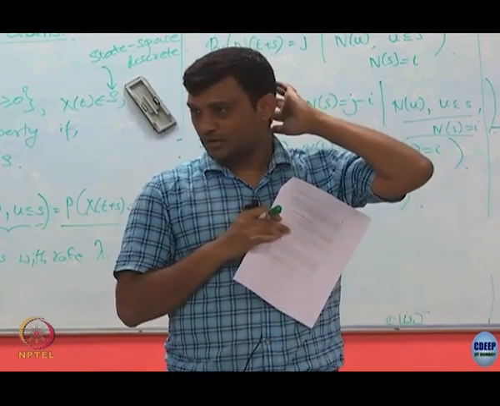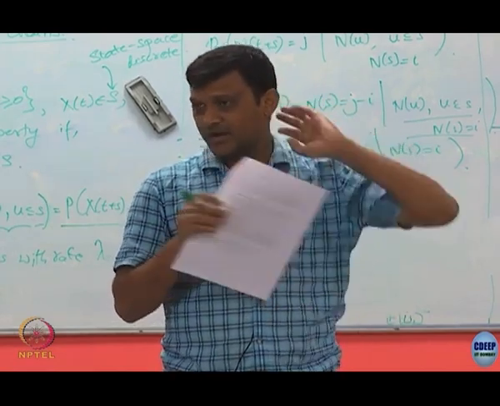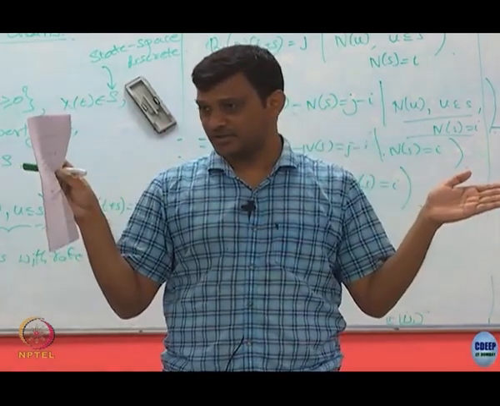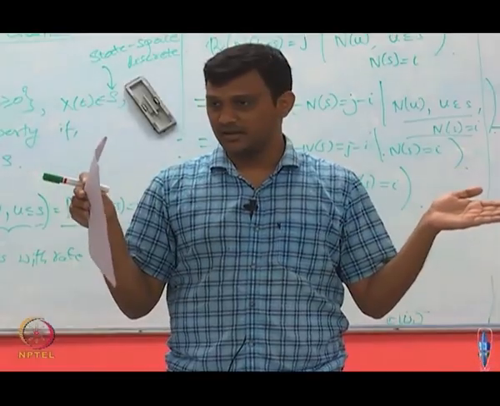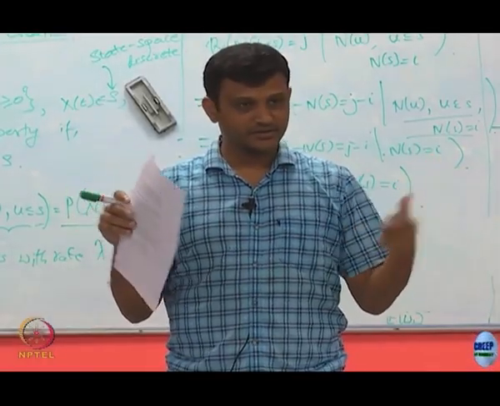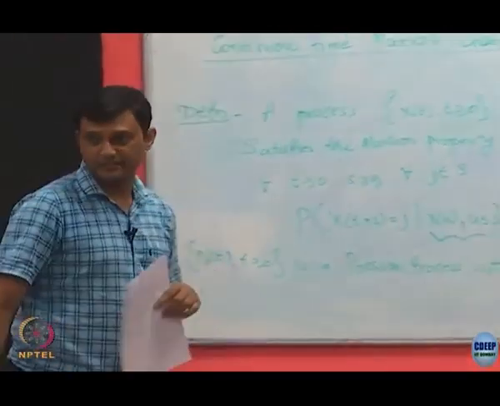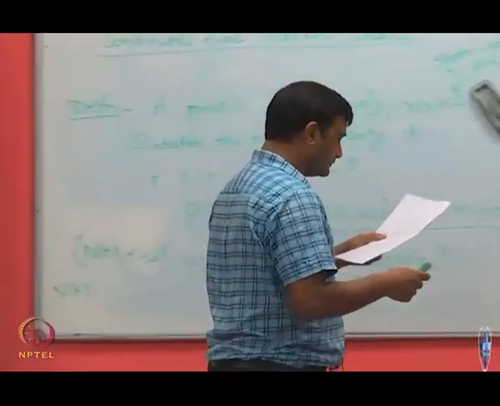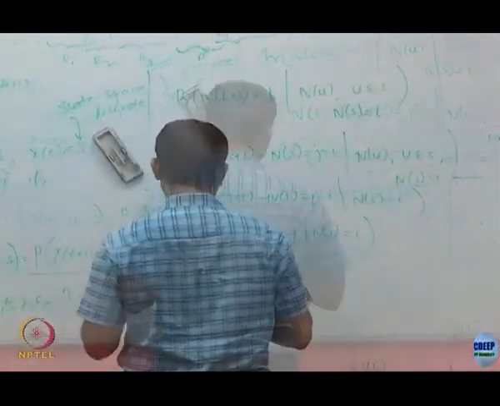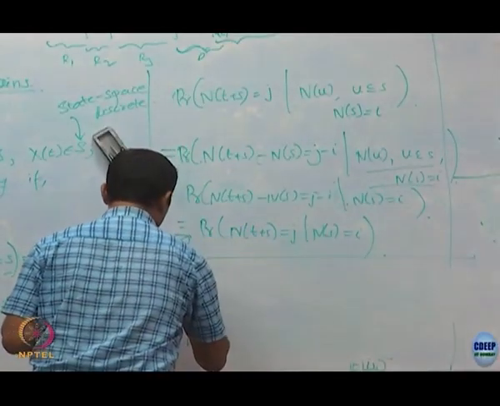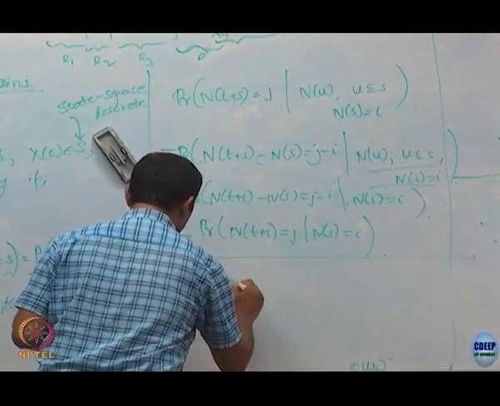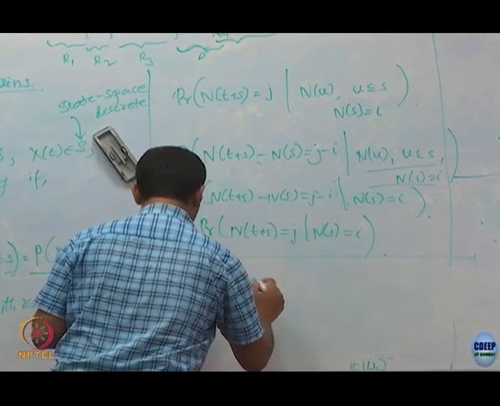Then we said how I'm going to write my joint finite time distributions in terms of this transition probability matrix. So let's see how we can do all these things for continuous time Markov chains. First of all, for simplicity, we are going to assume time homogeneity like in the DTMC.